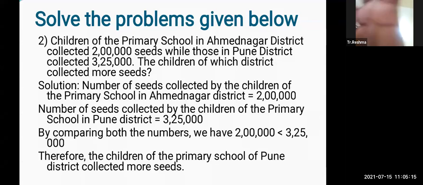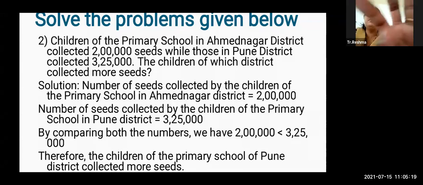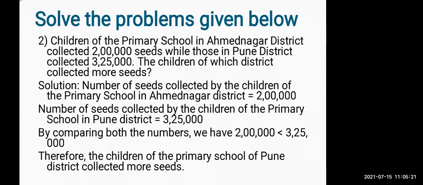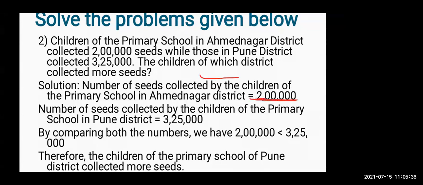So what will be your first statement? Your first statement must be: number of seeds collected by the children of primary school in Ahmednagar. In Ahmednagar, the number of seeds the children have collected is 2 lakh.